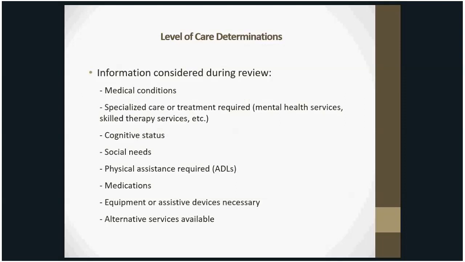What are their social needs? What are their physical assistance needs? What do they take for medications? Are they capable of self-administering, or do they need someone to administer them? What types of equipment do they need? Walker, cane, commode, wheelchair. So just a lot of different things are being looked at when that MRT process is happening.